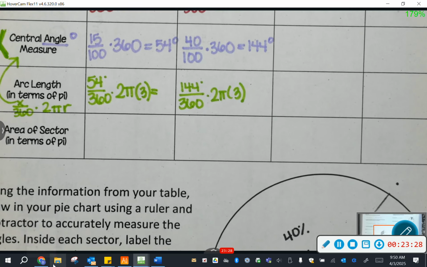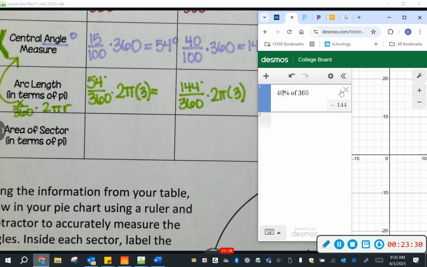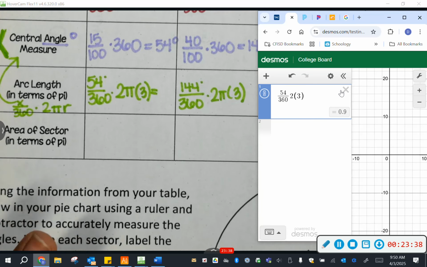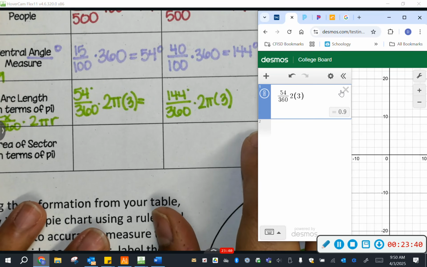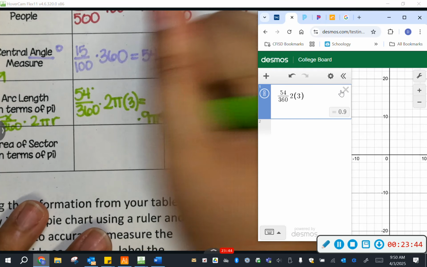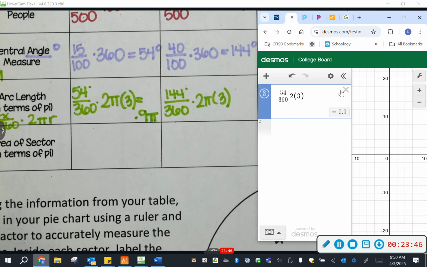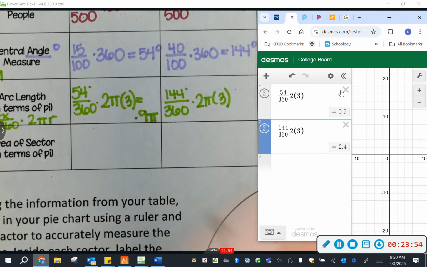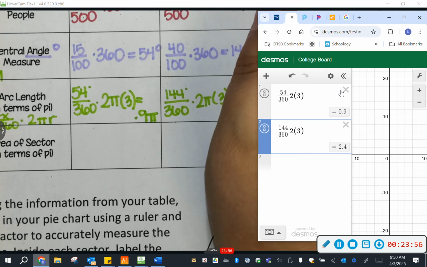And put that in the calculator. Remember, don't put pi, but your answer needs pi. So my first answer should be what? 0.9 pi. And then what's my second answer? 2.4 pi.